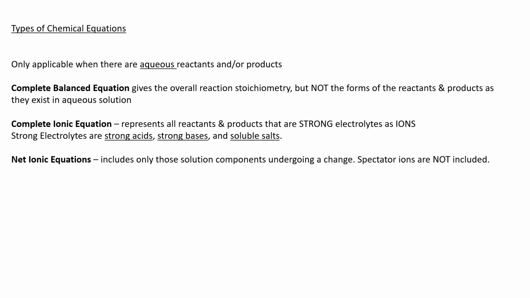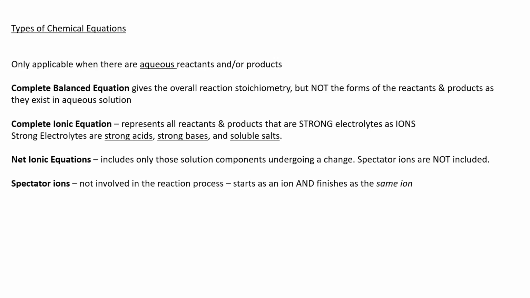The spectator ions are not included, and when we say spectator ions, that means any ion that does not undergo some sort of change. In other words, it doesn't change its charge. It does not combine with another ion to form a compound or anything like that. Spectator ions are not involved in the reaction process. It starts and finishes as the same ion.